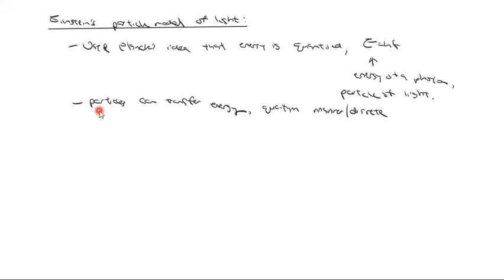So the classical theory would say it doesn't matter how much money you receive every day, even if it's 1/10 of a cent, whether it's $1 a day or a cent a day or $500 a day, there's no minimum, right? If you assume that you can keep that money and just save it up, then you might need to wait a million years, but you can buy whatever it is you want to buy.